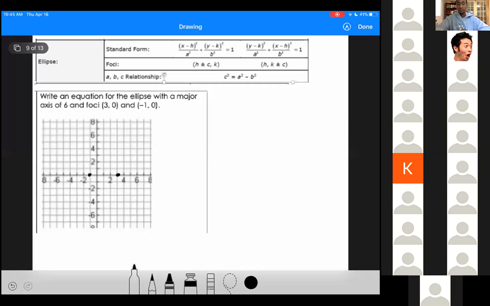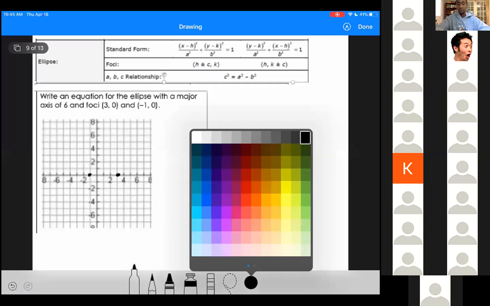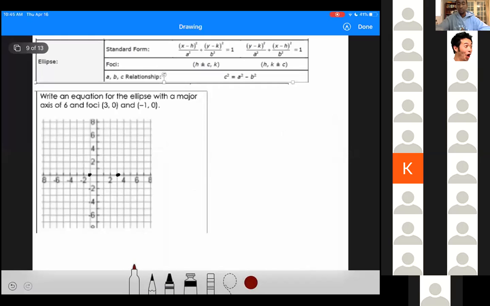Where was I? Okay, so we have the foci at (3, 0) and (-1, 0). Based off of just that, we can find two things. We know the center is (1, 0) because the foci are equal distance from the center.